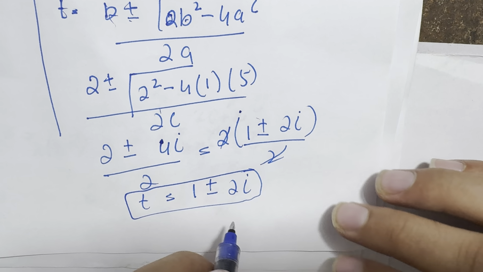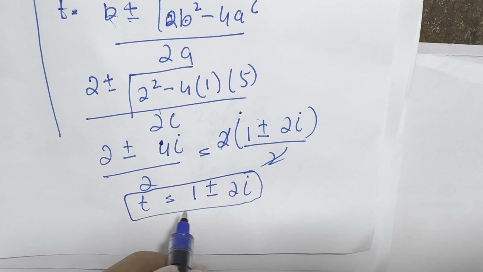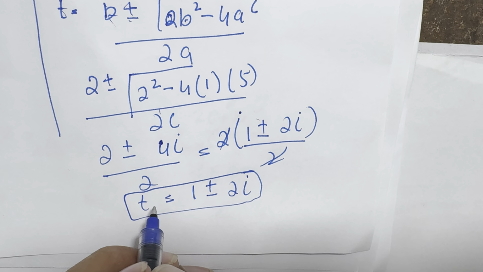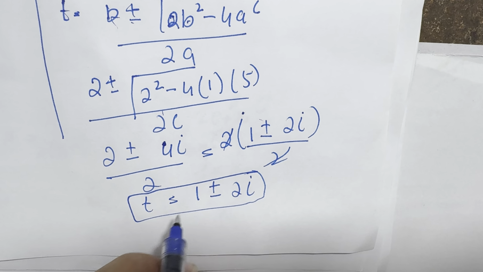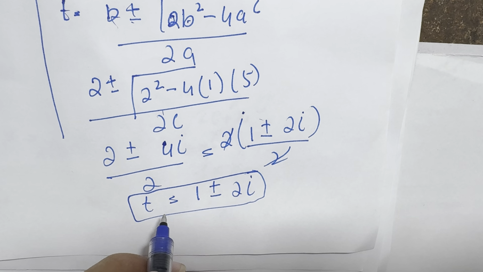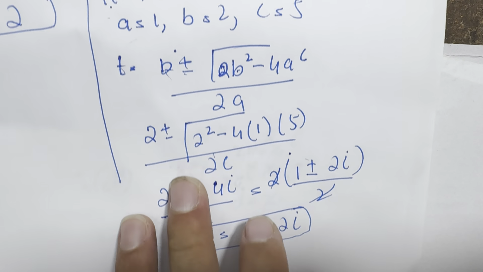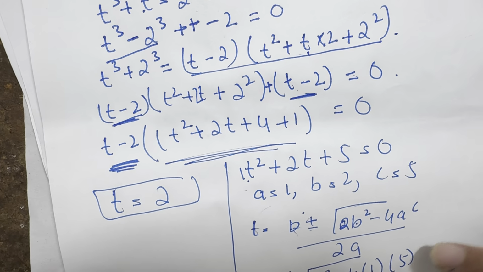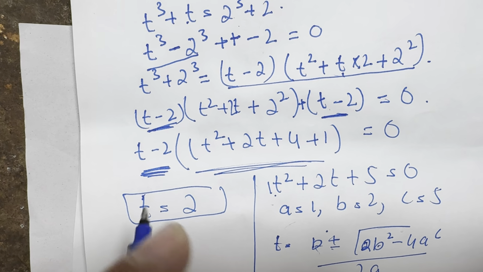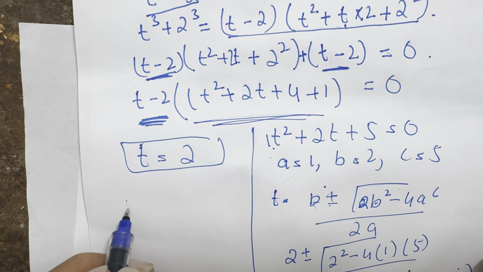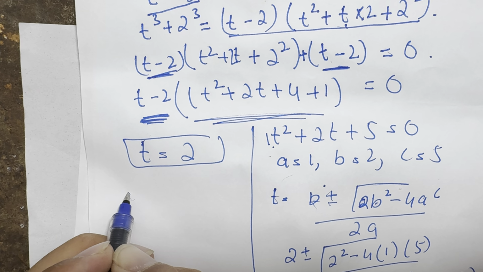Okay, now I put the value of t. So we supposed that under root x equal to t, so there will be two answers. Okay, one answer is this, which is t.